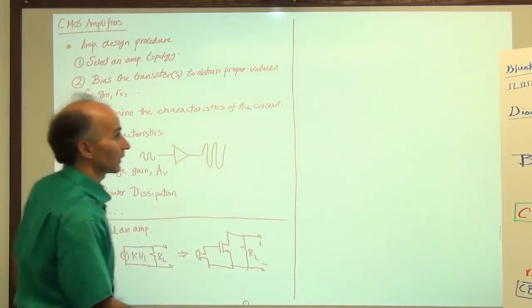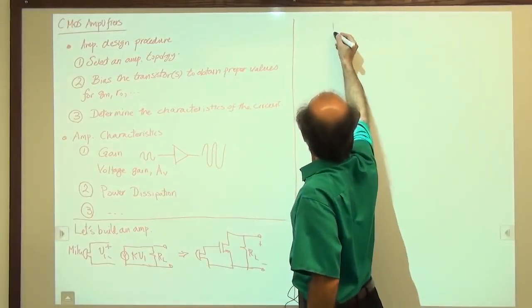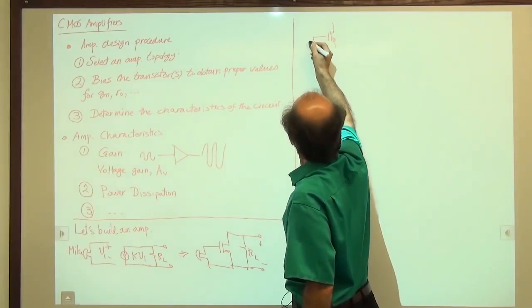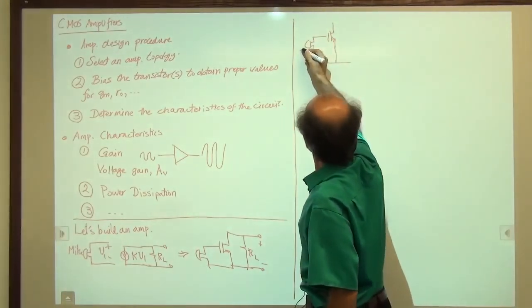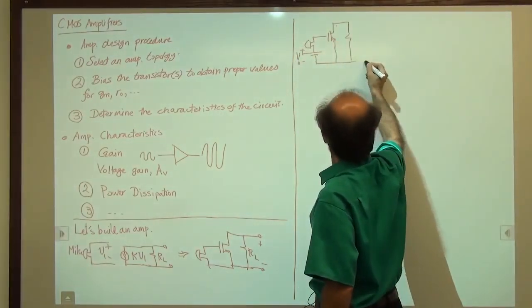So in the next step, I'll draw it up here, we said, okay, here's what we do. We place the microphone in series with the battery. This battery has a voltage of V0, and then we pass this through a resistor.